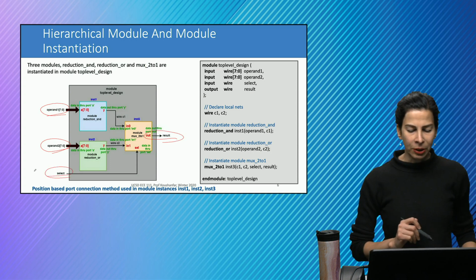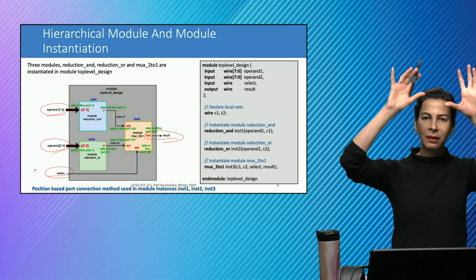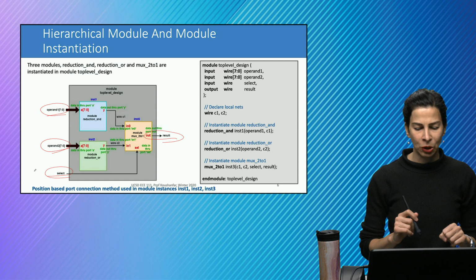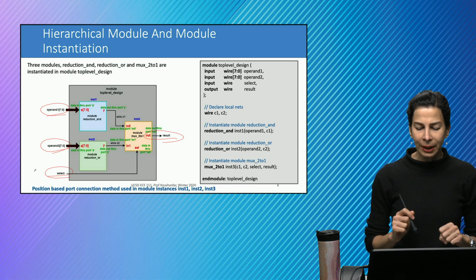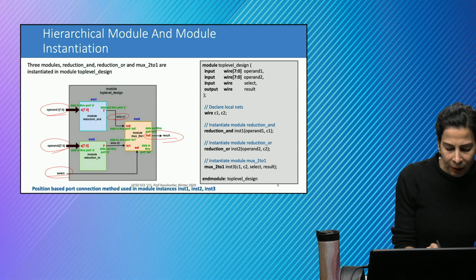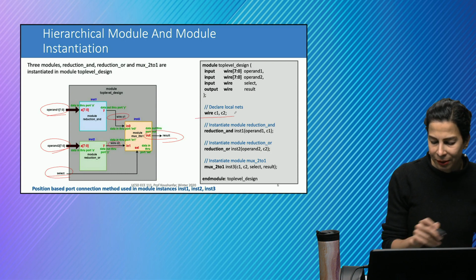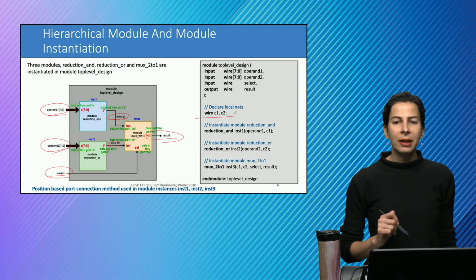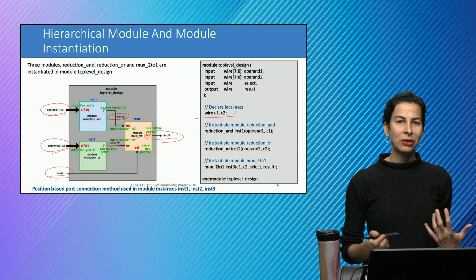So I'm going to define that higher level module with those three interfaces that we just described. And then I'm going to have these local variables, the wires C1, C2, which are declared here. And then we're just going to instantiate a module.